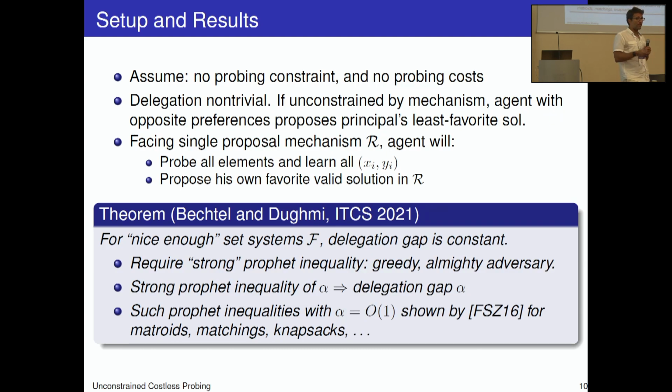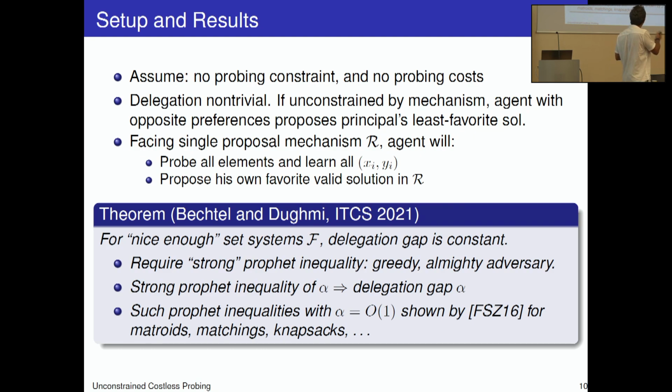So here's the theorem we prove in this setting. If your set system, if your optimization problem constraint is nice enough, then you get constant delegation gaps in fairly general settings. Here, the idea is that we reduce to a strong form of the prophet inequality. In particular, if your set system admits a generalized prophet inequality that is, quote unquote, greedy, and also works against a very powerful adversary, called the almighty adversary, who gets to order things in a really worst-case order, then the guarantee for the prophet inequality becomes your delegation gap.